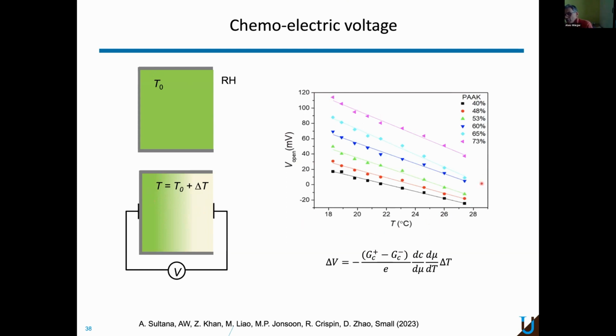That just shows you that it's a very strong chemoelectric voltage, if you want, a voltage difference due to a different water content. Because, as I say, the whole sample is at the same temperature, so there is no proper Seebeck effect. So this is what I wanted to show. My time is over, so I guess I stop here, and thank you very much for your attention.